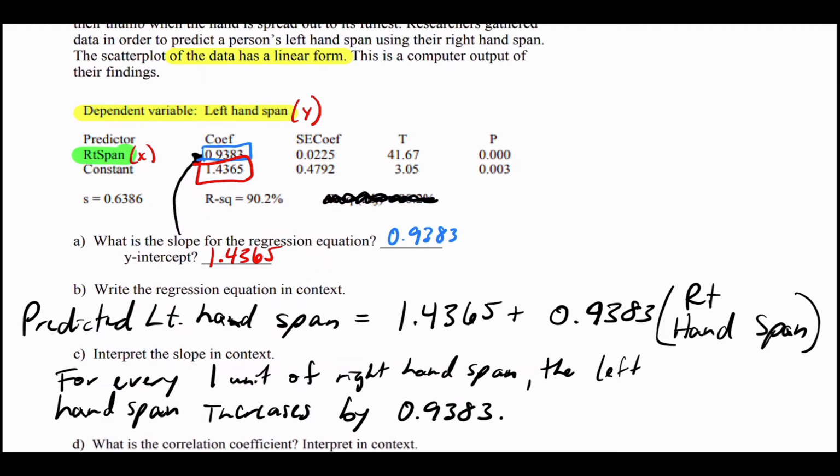We could take the square root of R squared. We don't have R, but it's just the square root, right? So take the square root of that number. Change it to a decimal, 0.902, and then take the square root.